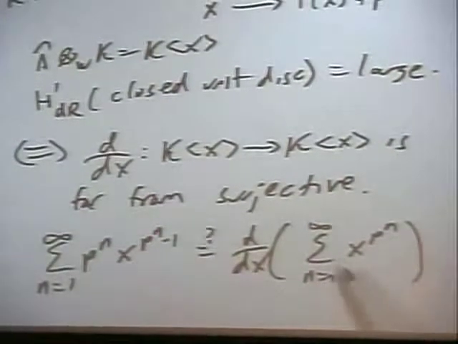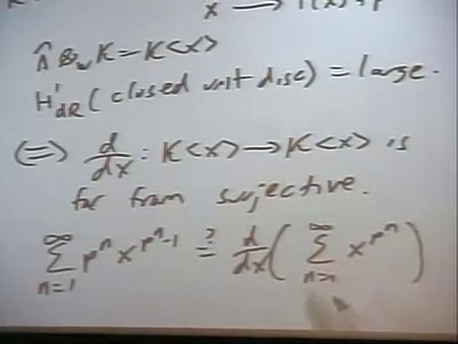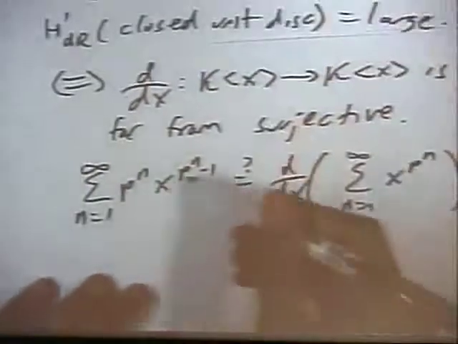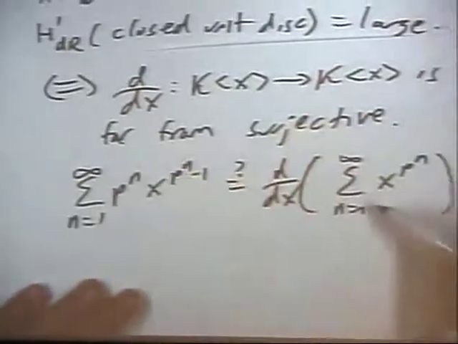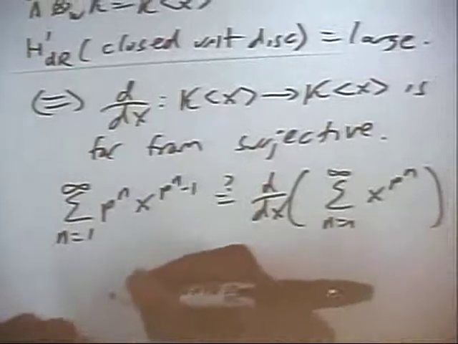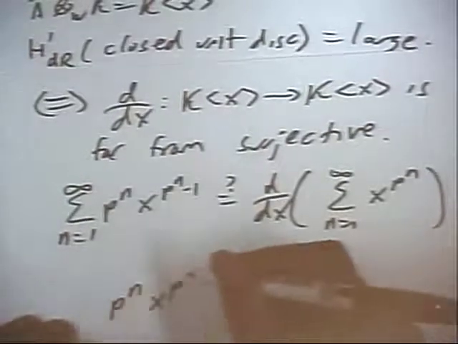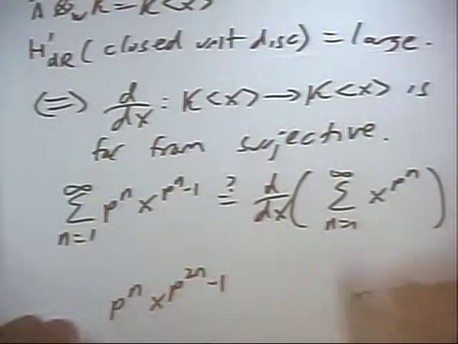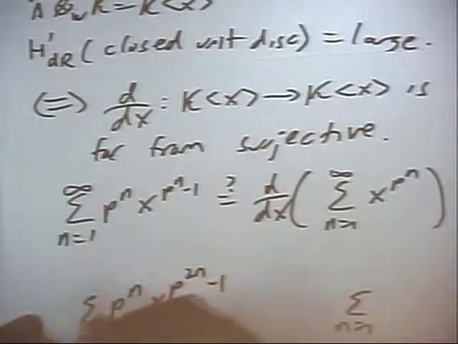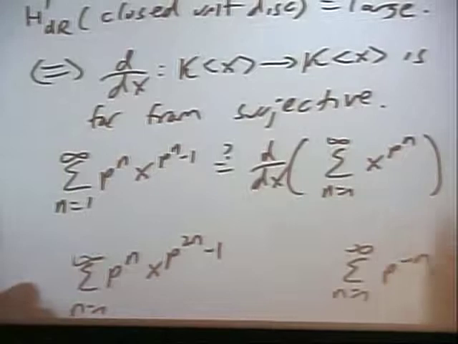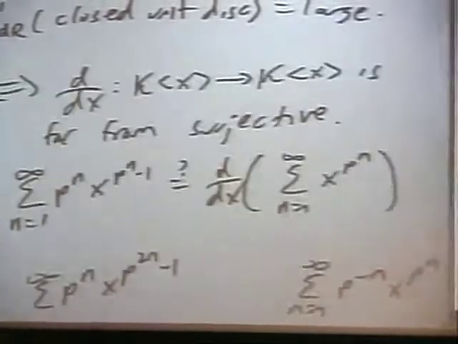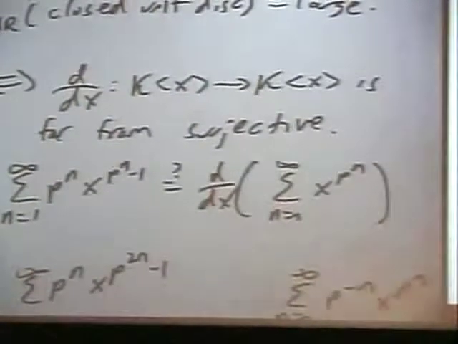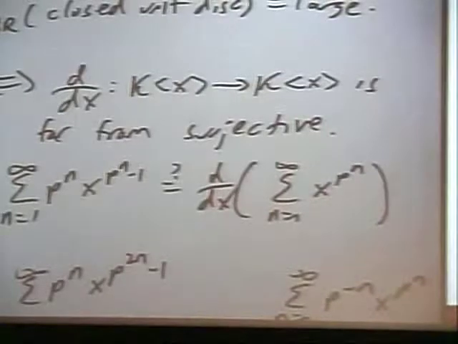The coefficients are, infinitely many of them are 1, so they don't converge to 0. If you want to make this even more overt, you could put p^(2n) here, so if I took p^n x^(p^(2n) - 1), then I would get over here p^(-n) x^(p^n), and now the coefficients are not only not going to 0, they're actually going to infinity, and you can't see that.